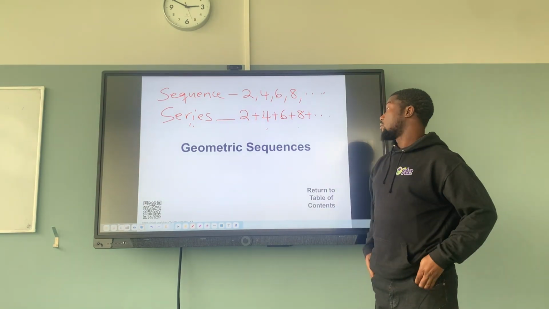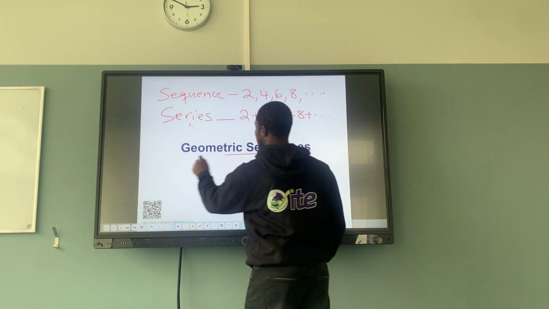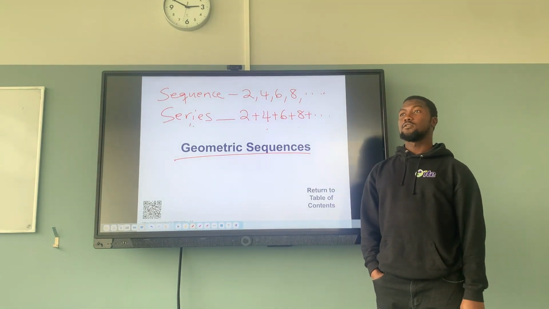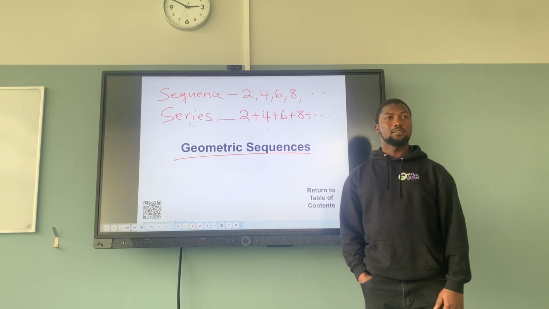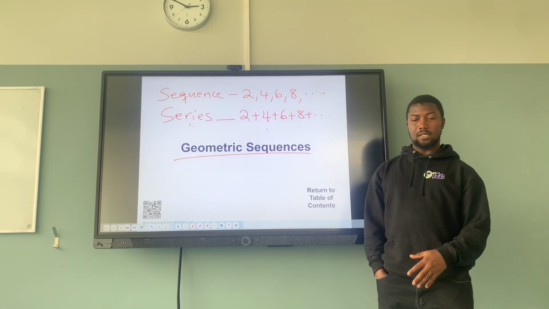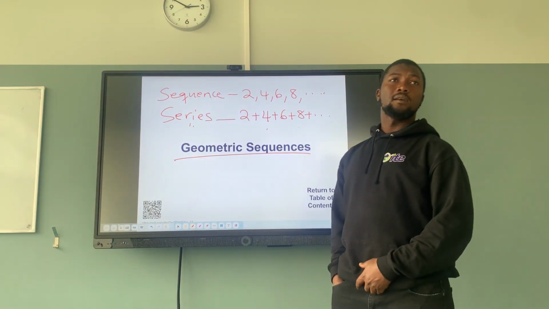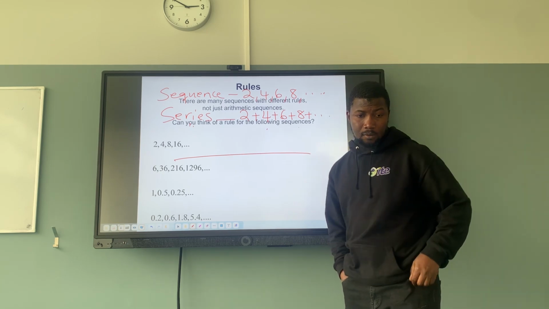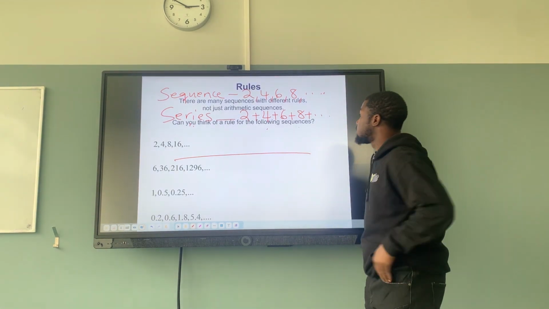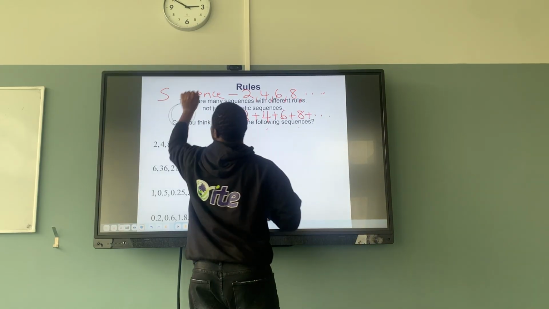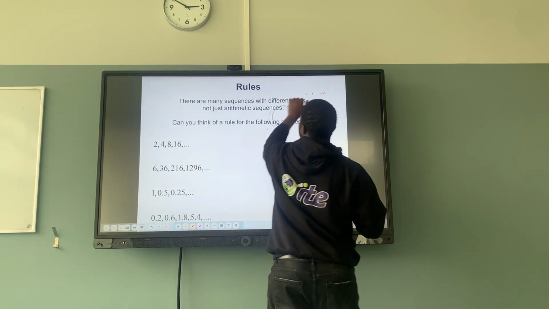So we are going to look at geometric sequences. What are the elements that tell you that the sequence you are seeing is geometric and not arithmetic? Remember, we already looked at arithmetic sequences. What do you look for when you are finding out if a sequence is arithmetic or geometric?